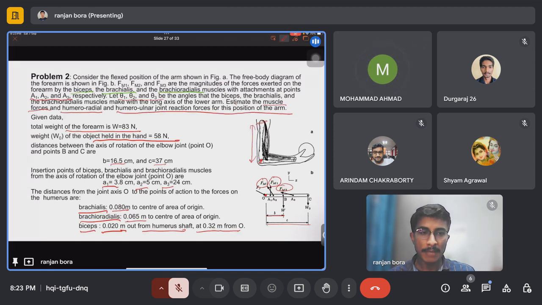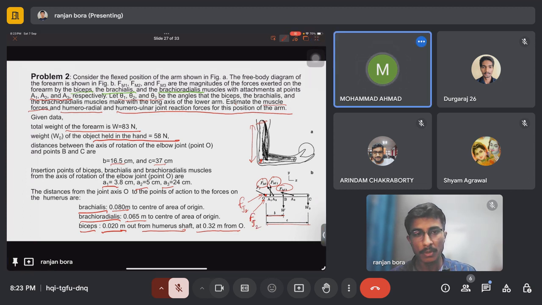We have FM1, FM2, FM3. Then they are asking two joint reactions here, FJ1 and FJ2. So we have five unknowns.